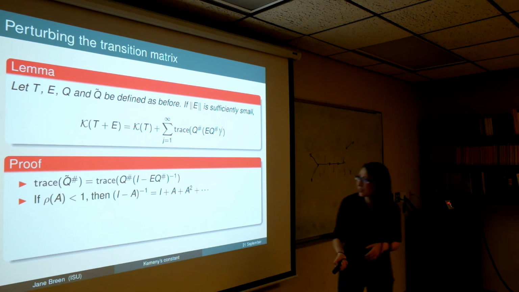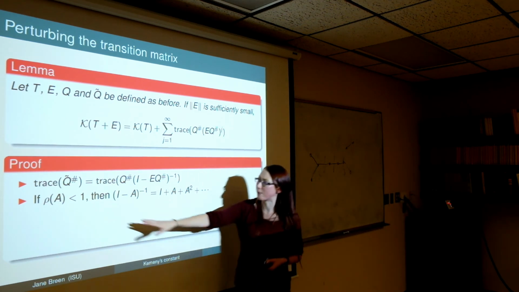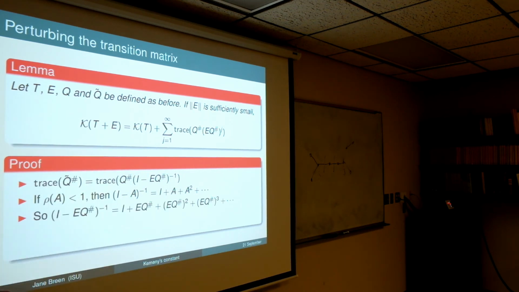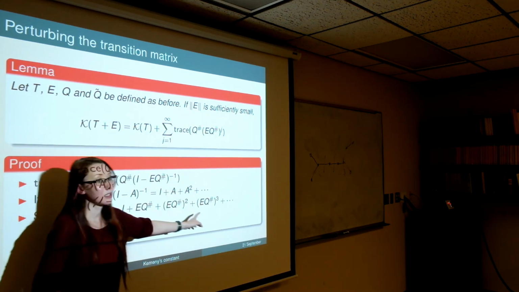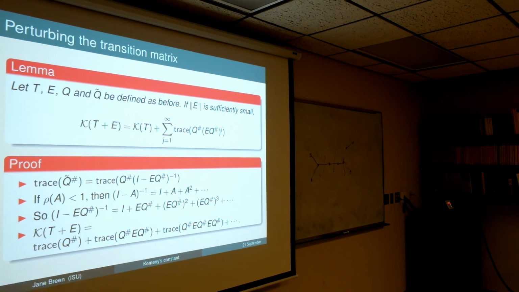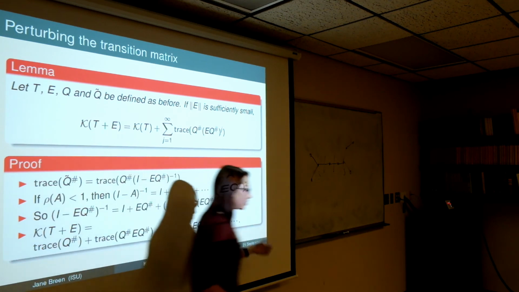And so here, if the norm of E is sufficiently small, then the spectral radius of E times Q sharp is going to be less than 1. So I can write it as this sum, and then just multiplying through by Q sharp and taking the trace, I get trace of Q sharp plus trace of Q sharp E Q sharp plus, and then we've got all these extra terms.